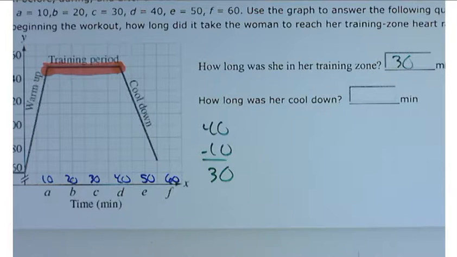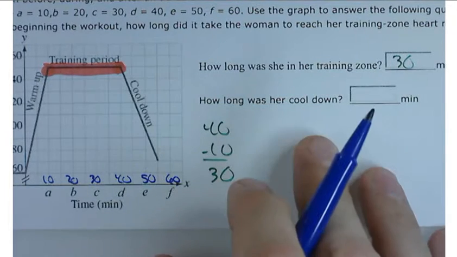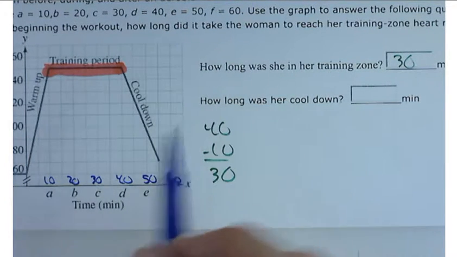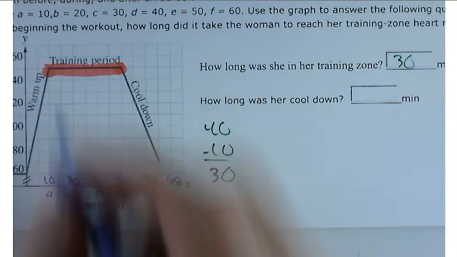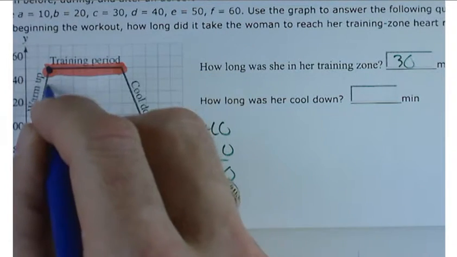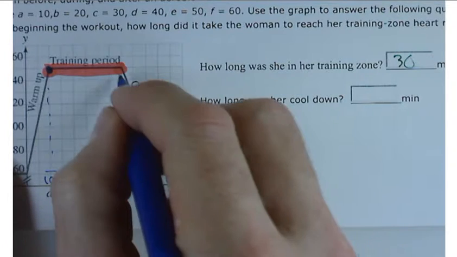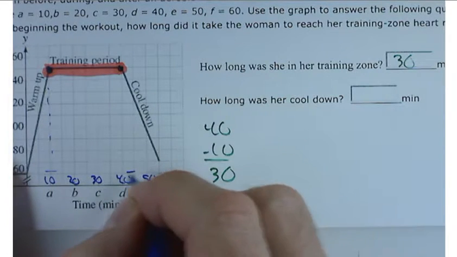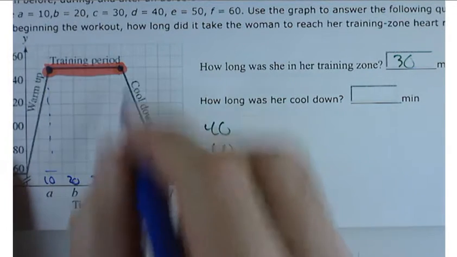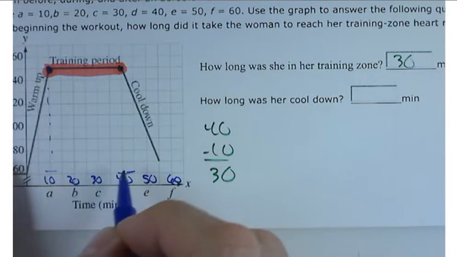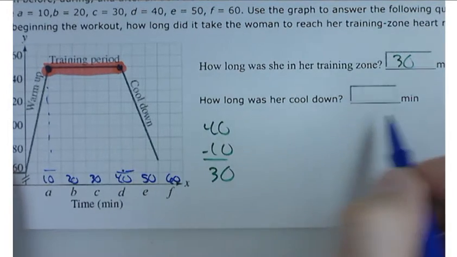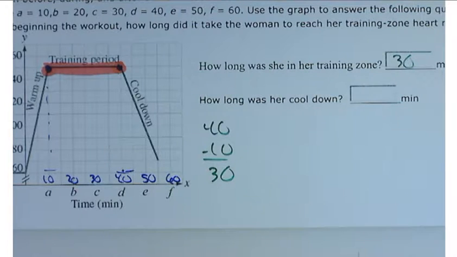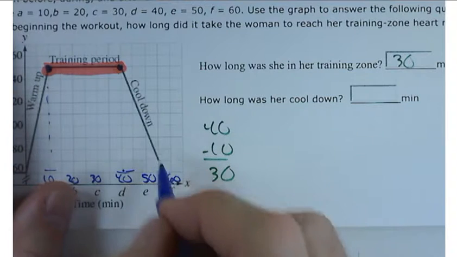All right. The next part of it, you're going to have to estimate a little bit. Before I move on to the next part, her cool down, are you okay with our conclusion here? She hit the training zone about 10 minutes in, and was there till about 40 minutes in. So right down to here. 40 minus 10 gave us our 30 minutes. Dwayne, how long was she in the cool down zone?